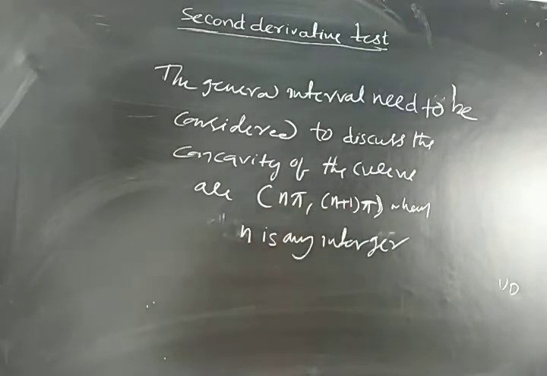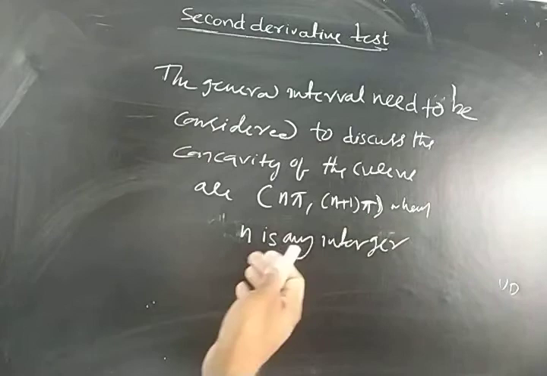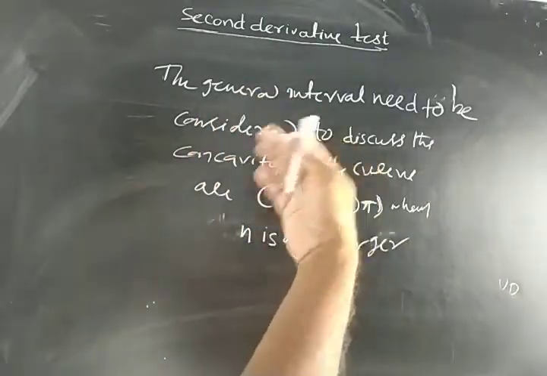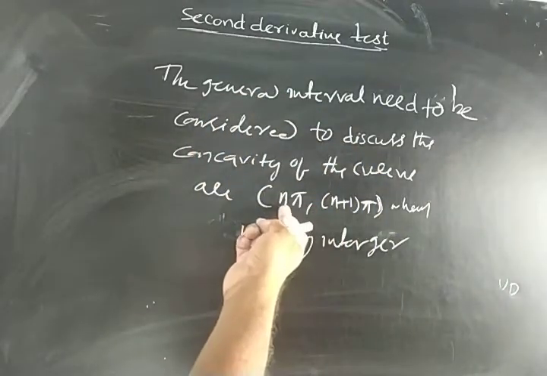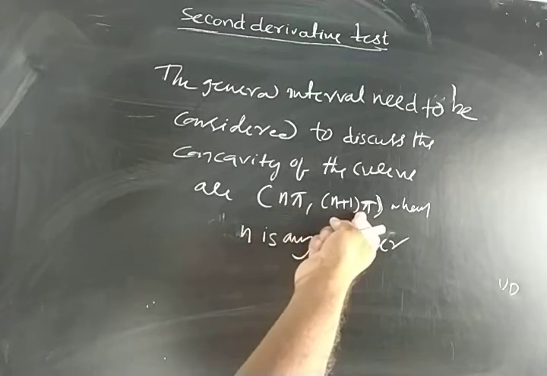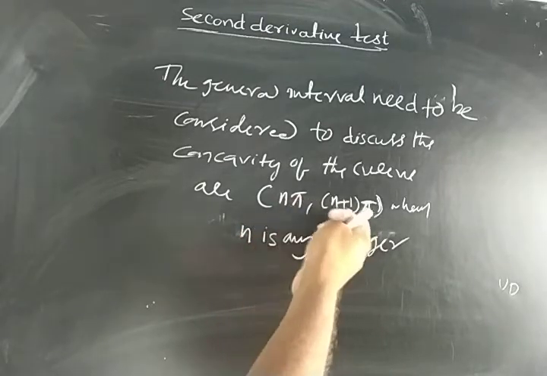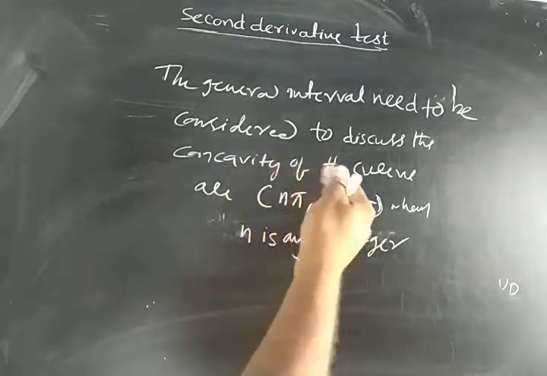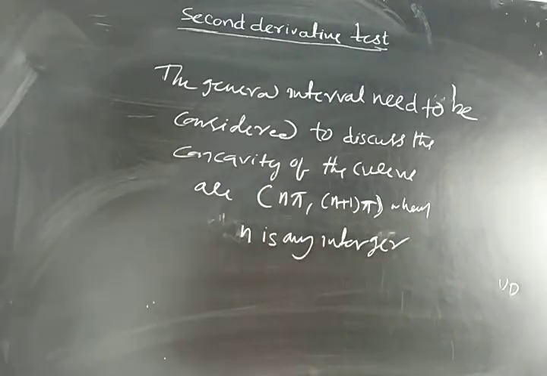If you put 1, you will get pi to 2 pi also, and between pi to 2 pi there is concavity upward and concavity downward. Like that, we can take all these intervals, where n is an integer, as discussed before.